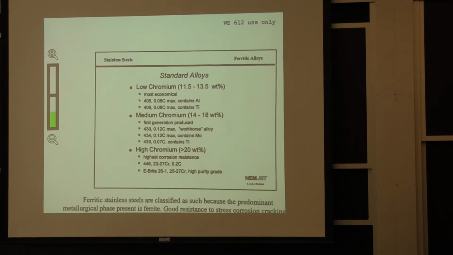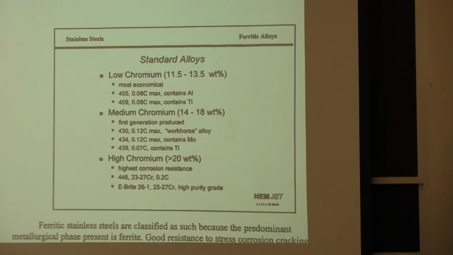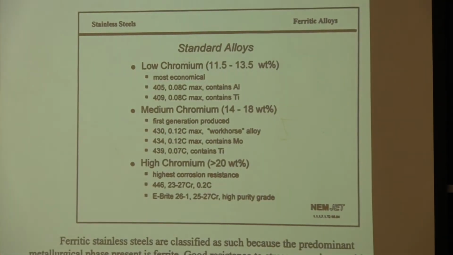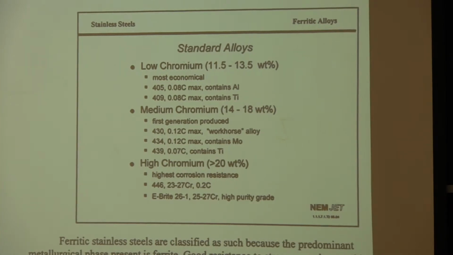I'm not going to spend a lot of time on this other than just to show you that there are kind of different levels of chromium leading to different groups of ferritic stainless steels. The first ones to be developed were these medium chromium stainless steels. 430 is one that you would probably hear of a lot if you hear of ferritic stainless steels. That's kind of the workhorse ferritic stainless steel alloy.